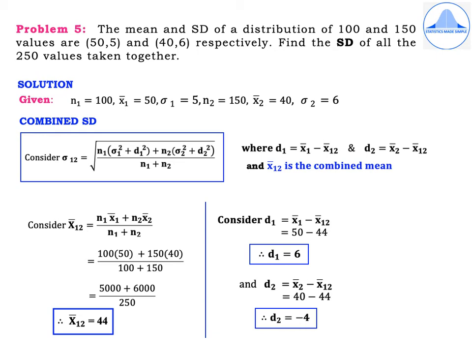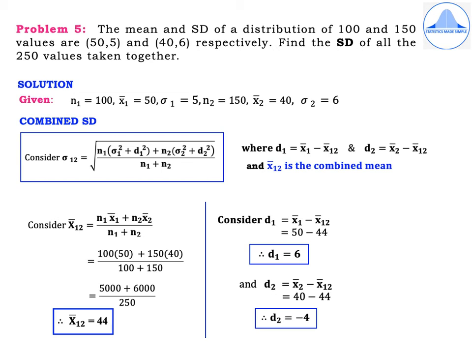Then write the formula for combined standard deviation, that is, consider sigma 12 equal to root of n1 into sigma 1 squared plus d1 squared plus n2 into sigma 2 squared plus d2 squared divided by n1 plus n2, where d1 is equal to x bar 1 minus x bar 12 and d2 is equal to x bar 2 minus x bar 12, and we know that x bar 12 is the combined mean. So the first step is to find out the combined mean.